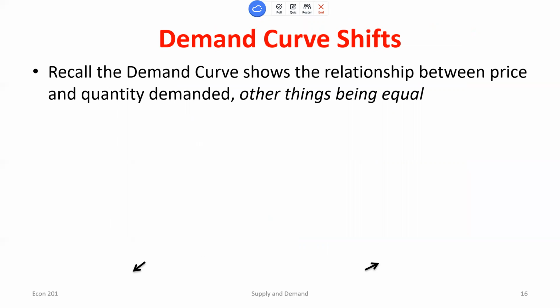But if it falls to 5, then market demand is 100,000 gallons or something like that. So this demand curve tells me the relationship between the price of the good and the quantity that's purchased of that good.